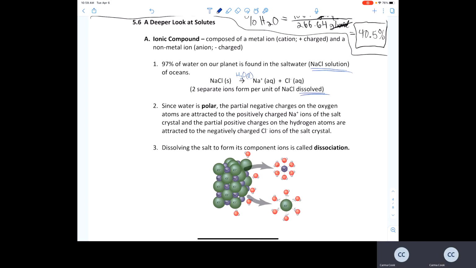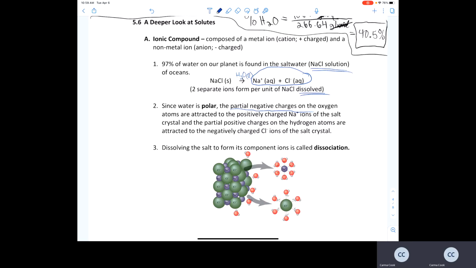We learned that water is polar. It has an overall permanent dipole. And that dipole means that the oxygen, being more electronegative than the hydrogen, carries a partial negative charge and the hydrogens carry a partial positive charge. So when you put the salt in the water, those ions, the Na+ ion and the Cl- ion, they separate from each other and get dissolved in the water.